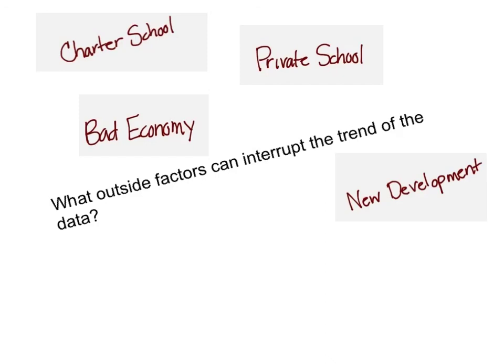Another unfortunate factor is possibly a bad economy. If the economy is bad in the area, it could cause families to uproot themselves and move closer to an urban area where a recession is not likely to affect the job market as drastically. So a bad economy could cause lots of families to just pack up and leave and no longer enroll their kids in Plymouth schools.